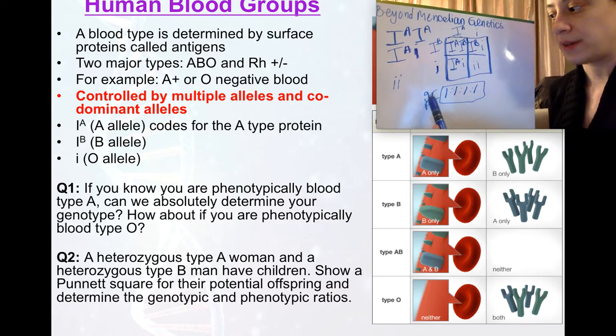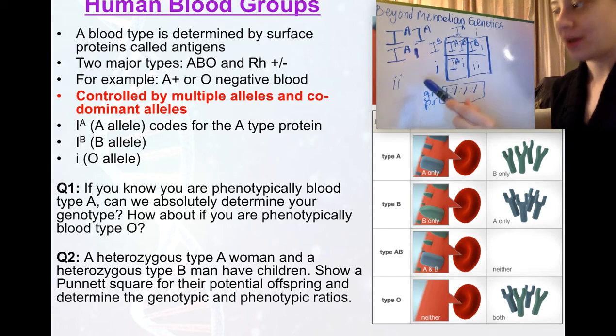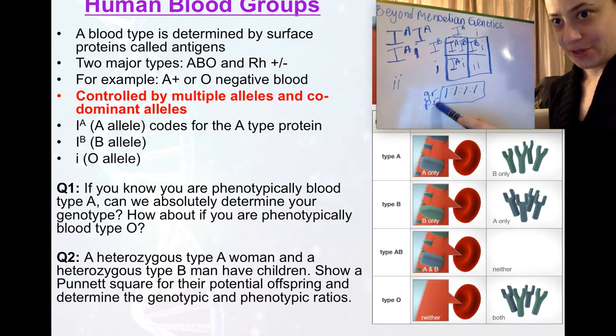That would be the 1 to 1 to 1 to 1 genotypic ratio. And then for the phenotypic ratio, we have blood type AB, blood type B, blood type A, and blood type O. So that would be the 1 to 1 to 1 to 1 phenotypic ratio.